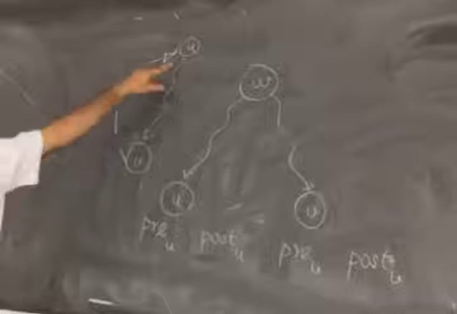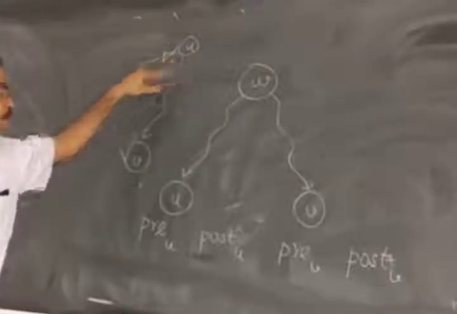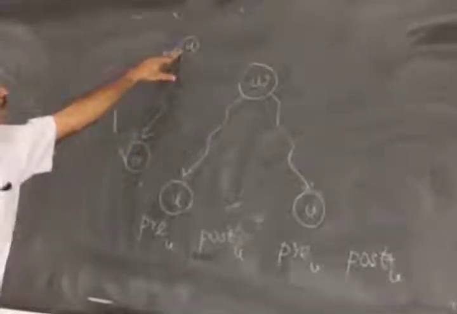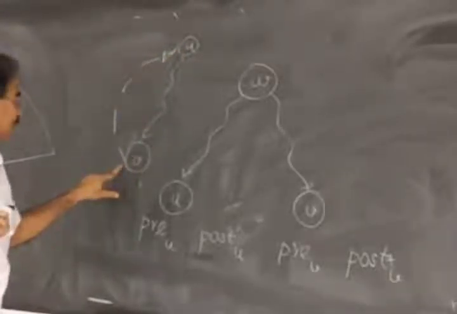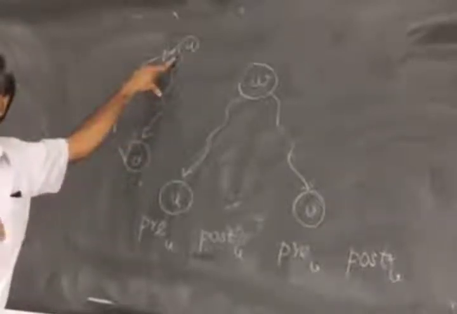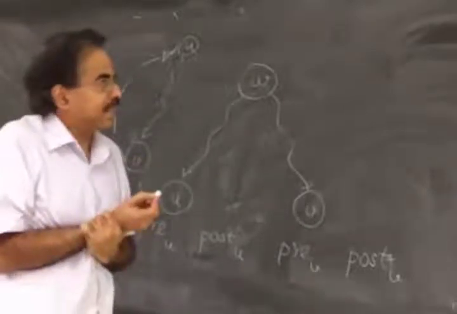Remember, the definition of a back edge is going from a descendant to an ancestor in the DFS tree. Because v is a descendant of u, there is a set of edges to go from u to v, and now there is a back edge that takes you from v to u. Therefore, there is a cycle in the graph. Once you have discovered a cycle, it's no longer a DAG. So that's why, for a directed graph, you can determine whether it is a DAG or not by doing a DFS.